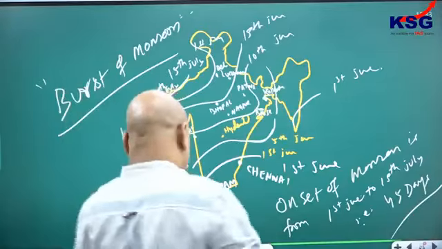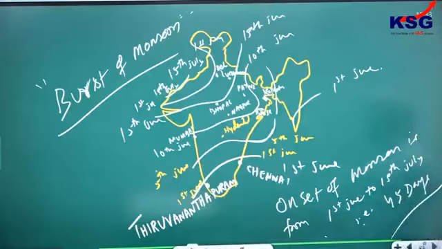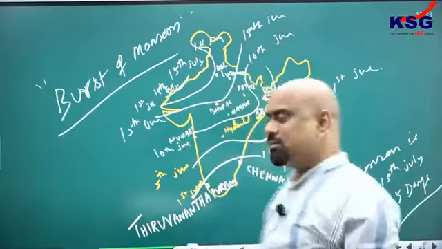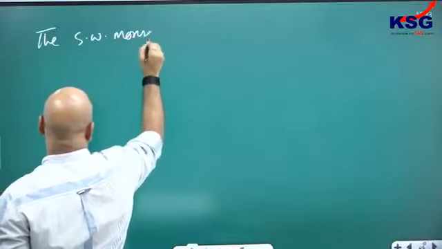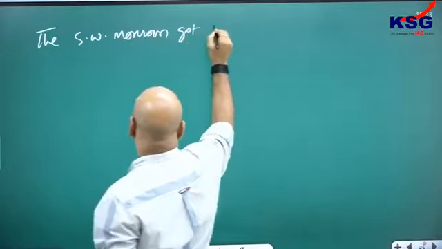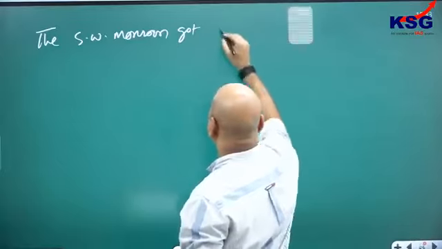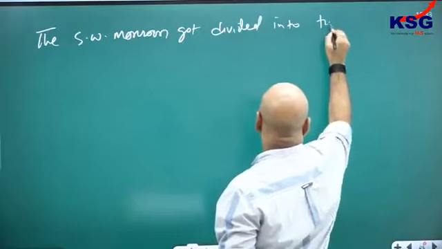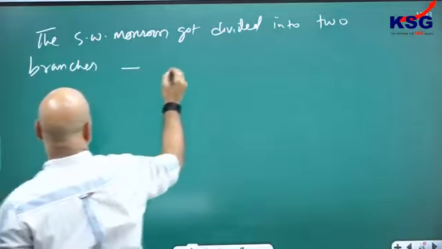Now it branched up into two parts, I said. It has two parts. One branch is your Bay of Bengal branch, another is Arabian Sea branch. Note down here. The southwest monsoon got branched off or got divided into two branches. क्या क्या है?